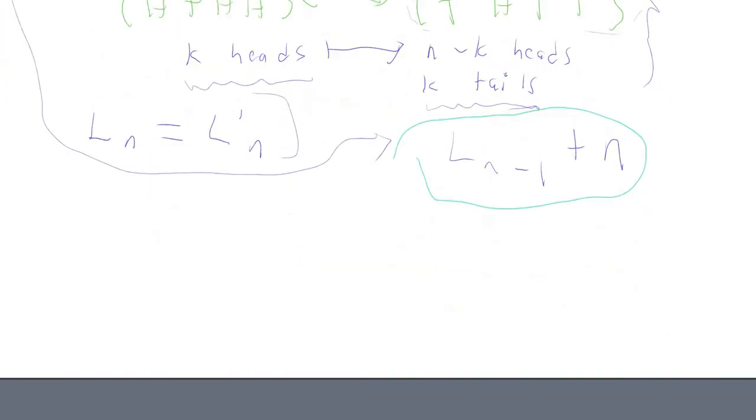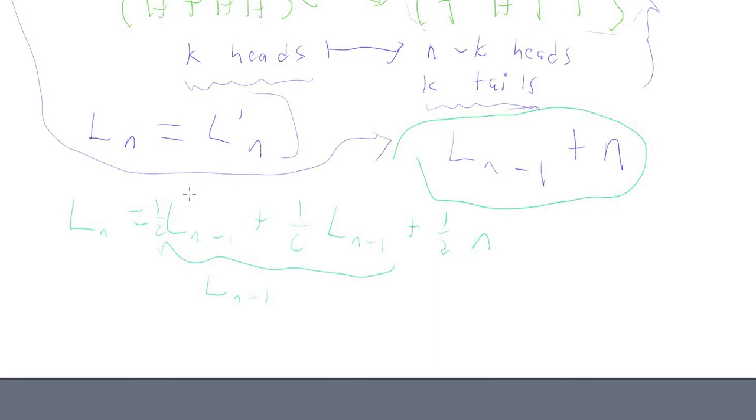So now we just have this nice recurrence relation. L of n is equal to half of L of n minus 1 plus a half of L of n minus 1, and then in parentheses we just expand. We get this, and this here is just L of n minus 1.